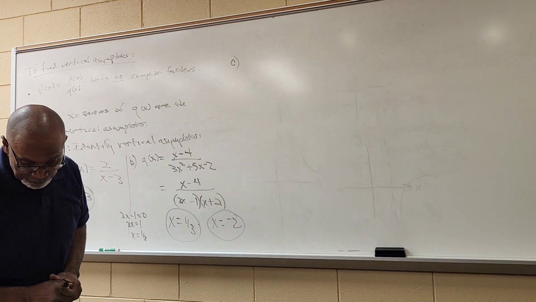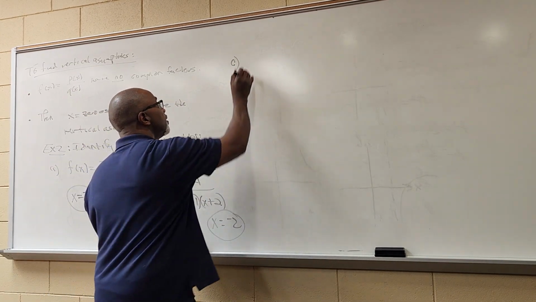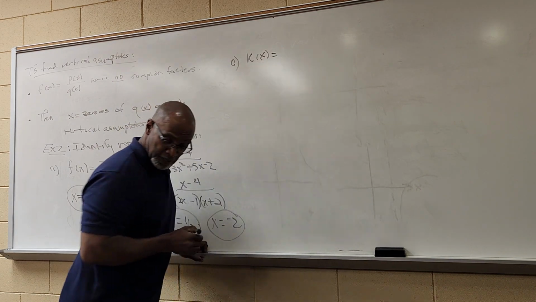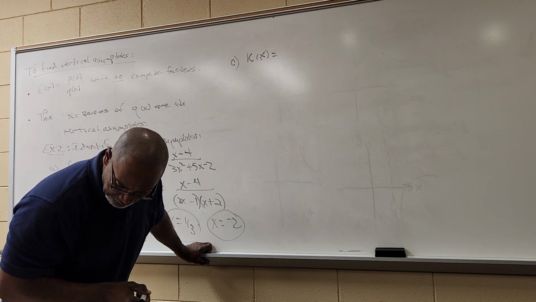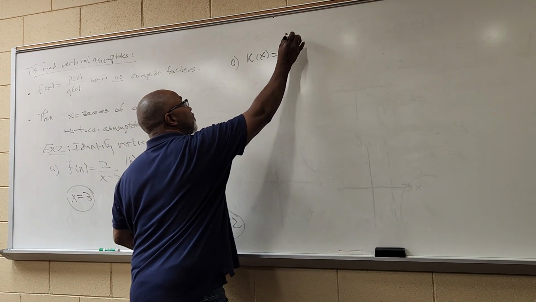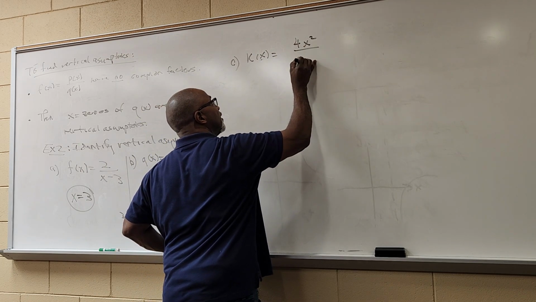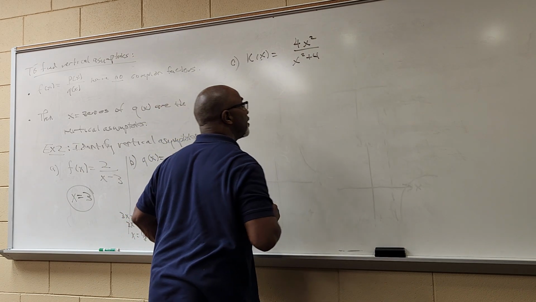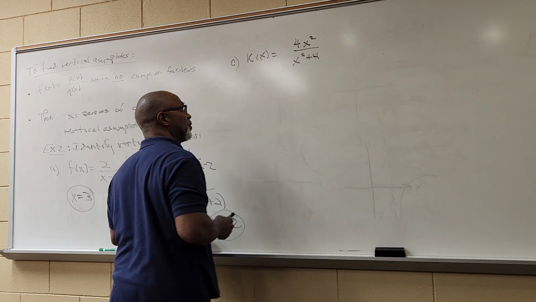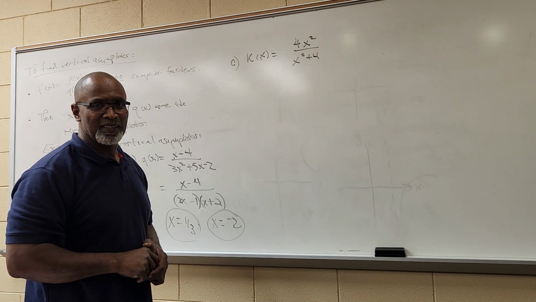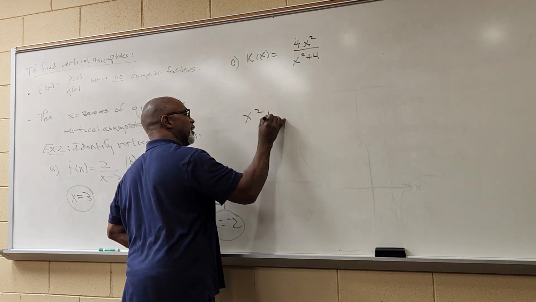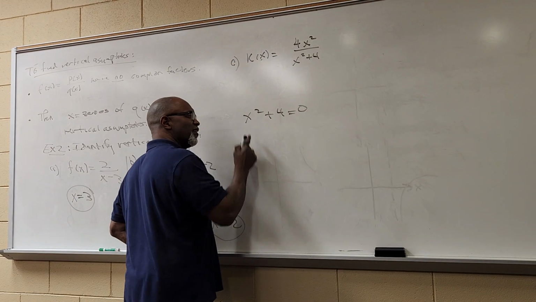C says k of x equals 4x squared over x squared plus 4. Well, this one they're trying to trick us. Again, x squared plus 4 can't be factored, and it has no real zeros. If you try to take x squared plus 4 and set it equal to 0, think about what you're doing.